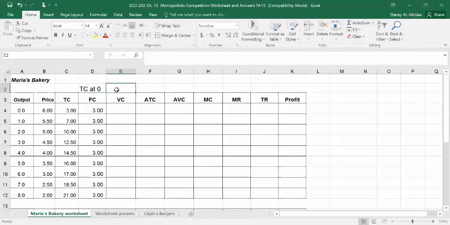And we know that the variable cost will be the total cost minus the fixed cost. So we can just say that we want the total cost minus the fixed cost, and then we can copy that the whole way down.